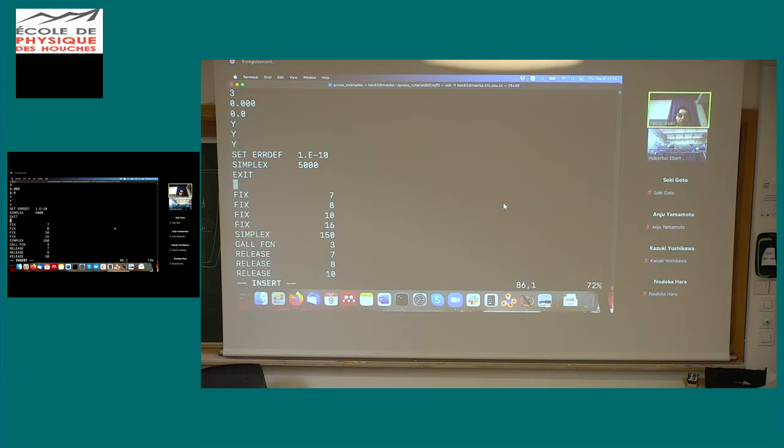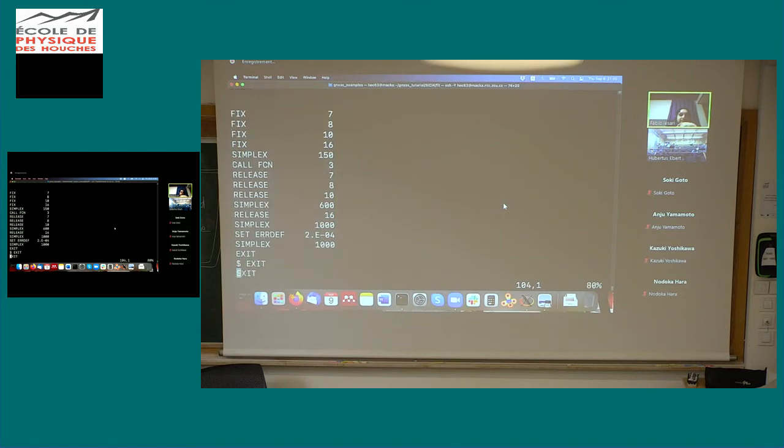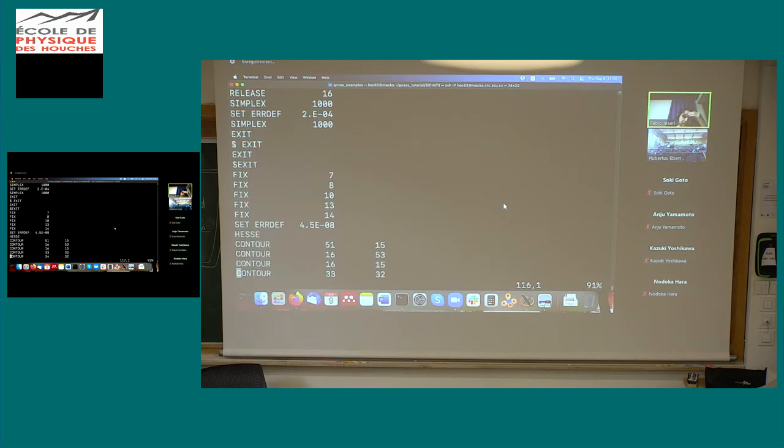For now, I will not explain, but there are other options that one can use. For example, you can fix some parameters here, and then you can release them. You can do more complicated features. And then you can also study the correlation between parameters with these contours. This is more complicated.